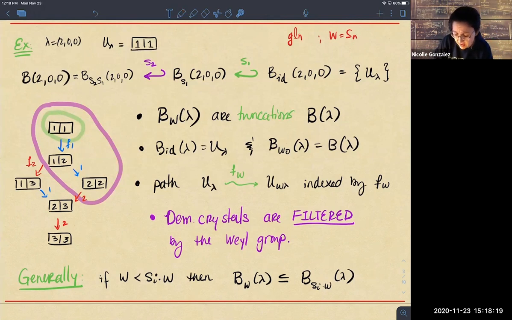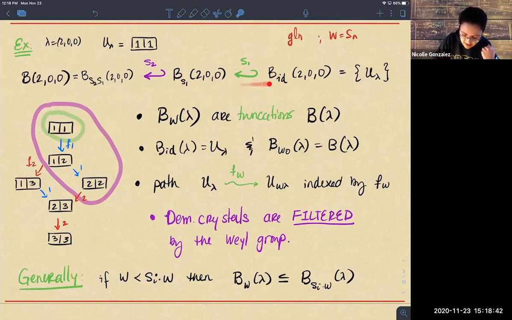In this case, when W is the identity, we're just going to get our highest weight. Then between the identity and the full crystal, which is just going to be the longest word, in this case in S3, so it's S1 times S2, we're going to get just one term in between, which is either S1 or S2. It doesn't matter. S1 and S2 in this case are completely interchangeable.